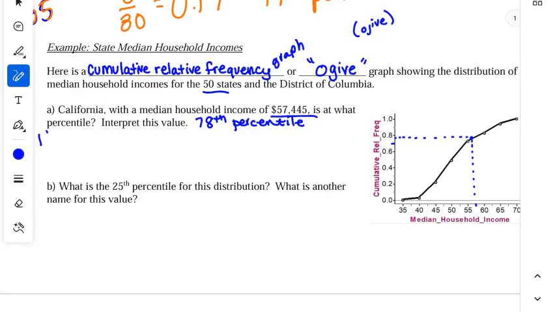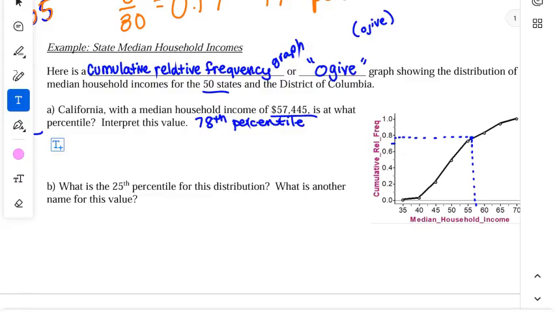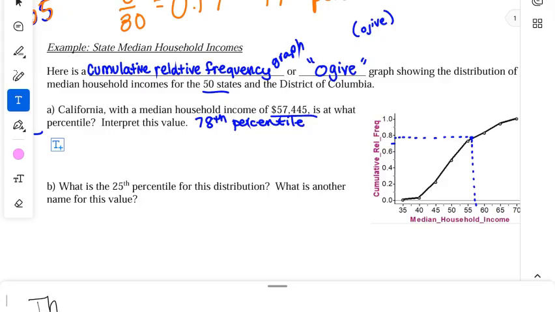And it also says interpret this value. So we actually need to interpret this value. So I need to write it in a sentence. You know what? I might type it.